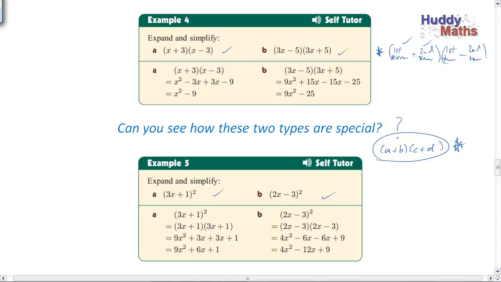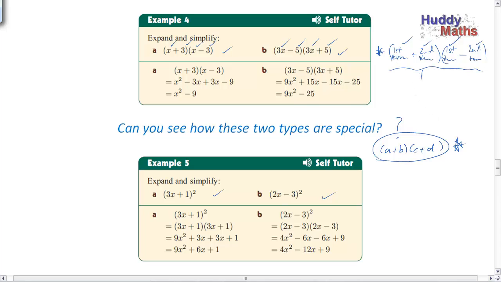So that is special, because these match up with the terms in the first bracket. Can you see that? X plus 3, x take 3, so there is something special. And this one, 3x take 5, 3x plus 5. So you can put the brackets in either order, but they follow this sort of pattern.